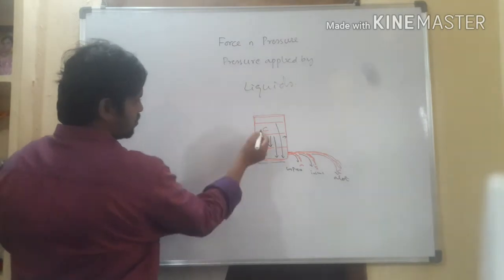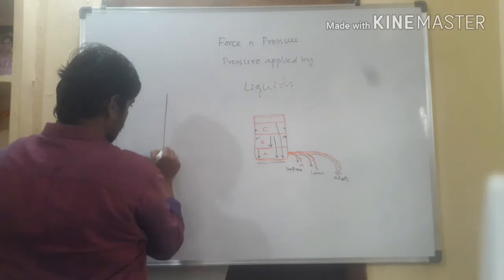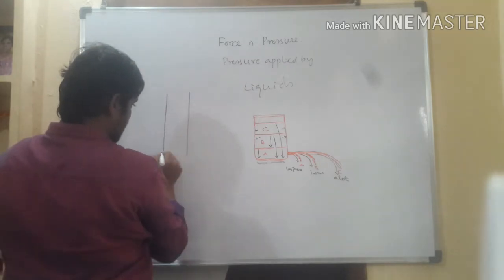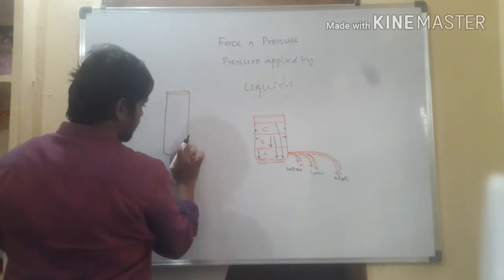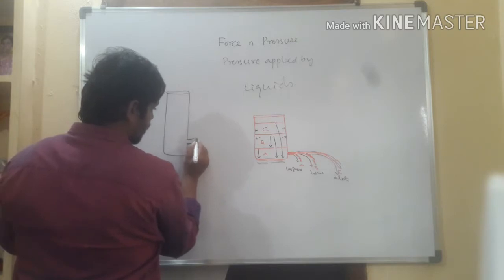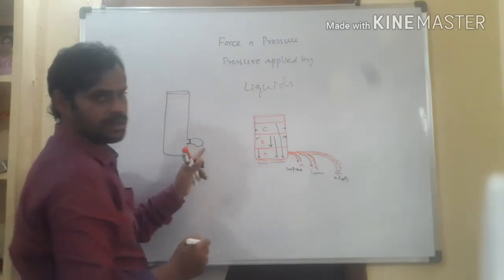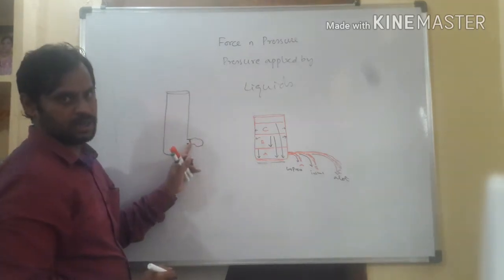Now water shows pressure on the walls. Take water in a container, and simply make an outlet and cover it with an uninflated balloon, a normal balloon, here.